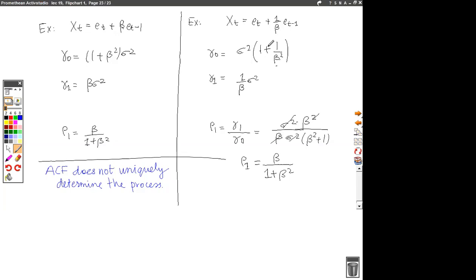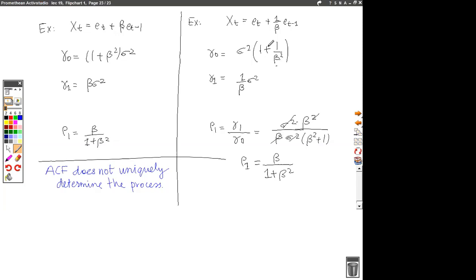You can never identify the process uniquely with its coefficients. You can maybe say, by seeing where it cuts off, where it becomes 0, how many lags will be in the process, but you can never say anything about the coefficients, right? Because the ACF can still be the same and the coefficients can still be different. So you will get multiple values for the coefficients that you are looking for.